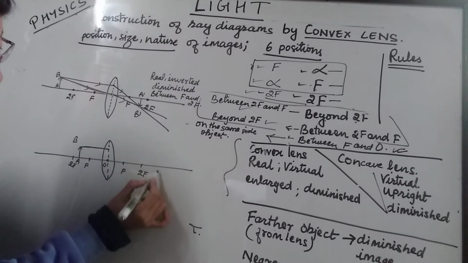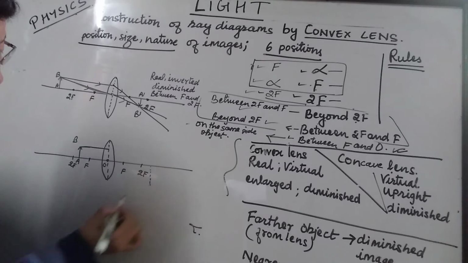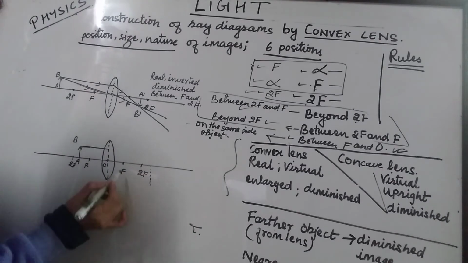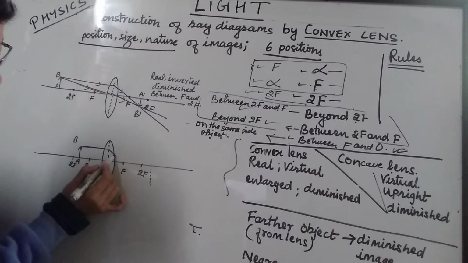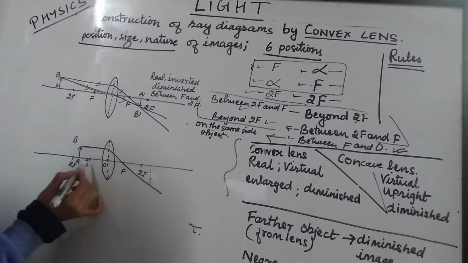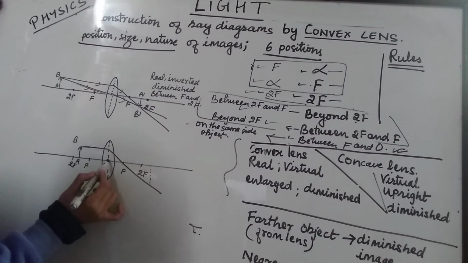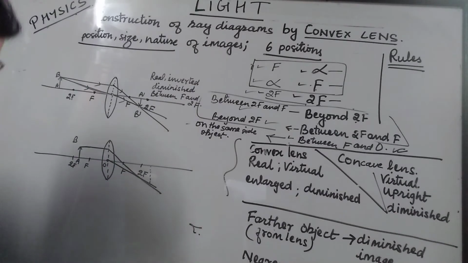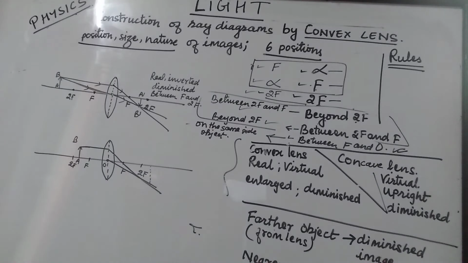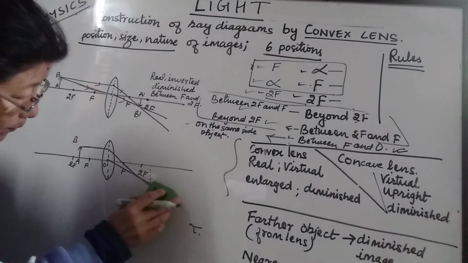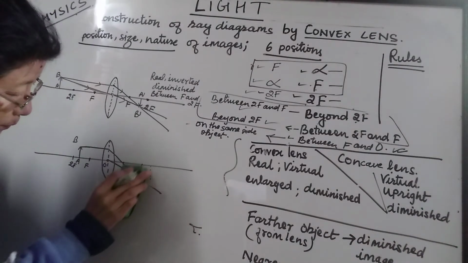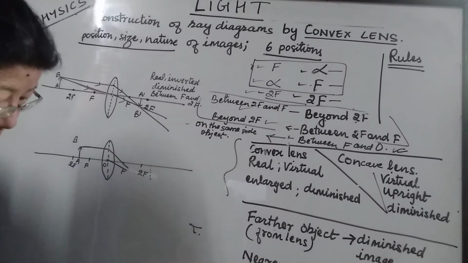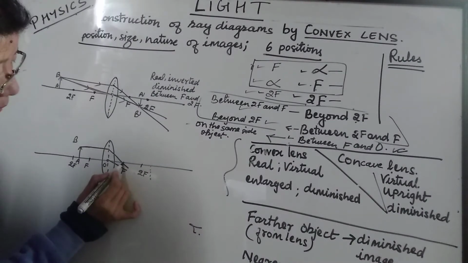You have to make the image over here, beyond 2F, and it will be bigger. This one is passing through the focus, and this one is going undeviated. When you do it with the help of a scale, it will get caught at the right points.